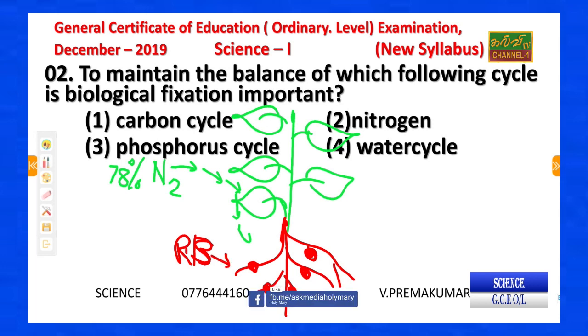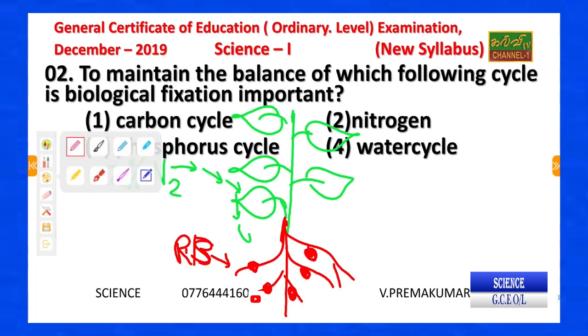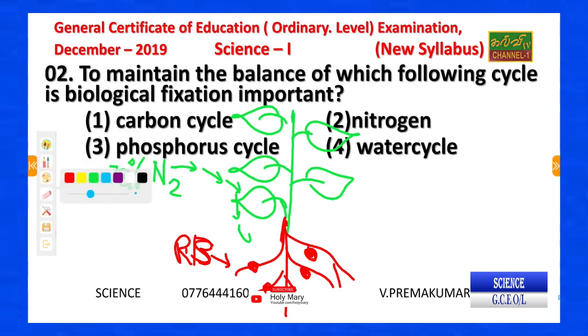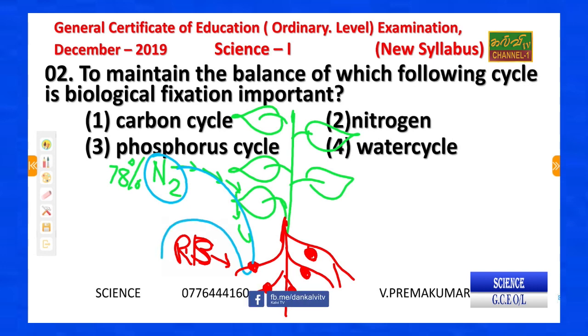Rhizobium bacteria convert nitrogen gas into nitrate. So it is a very valuable fertilizer, nitrogen.